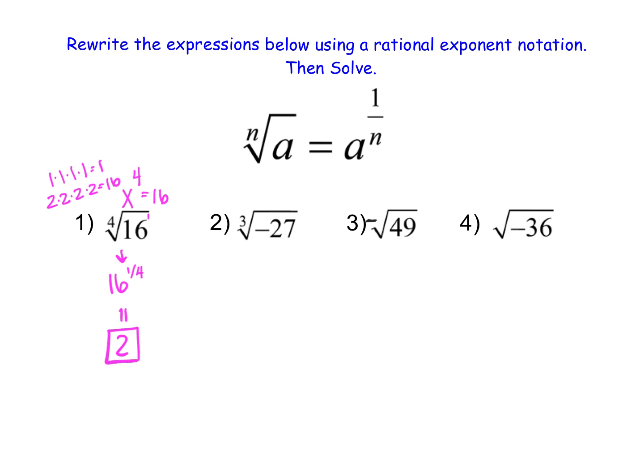Now if I look at this next one, the negative looks like it might be tricky, but it's actually not. So this one is just saying what number to the power of 3 gives us negative 27. Now I know the only way to get a negative there is for it to be a negative number.